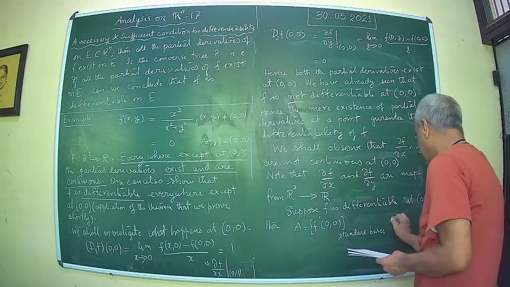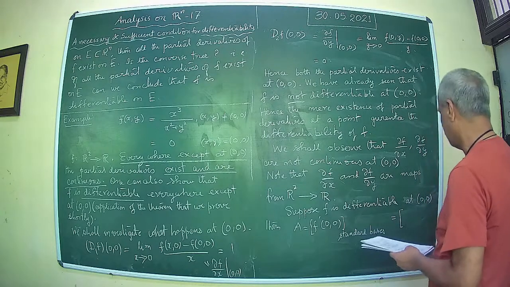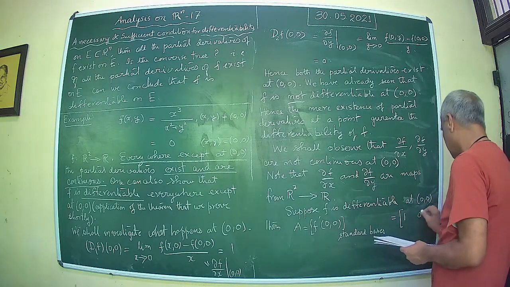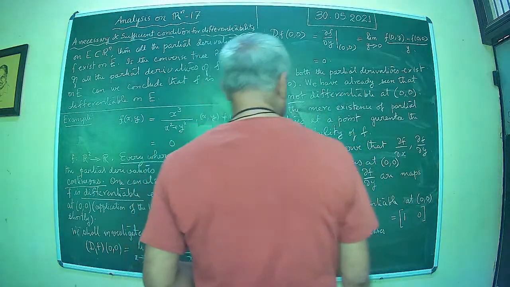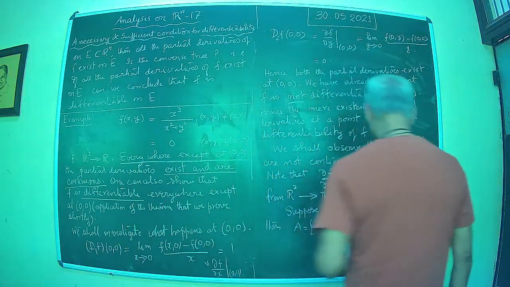This is given by, well, we know the partial derivatives, so we can write it in terms of this. This we have already seen, what we proved last time.